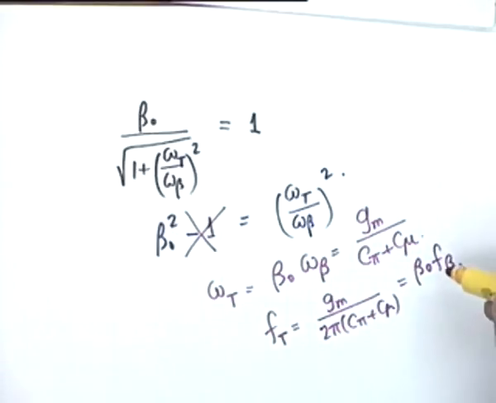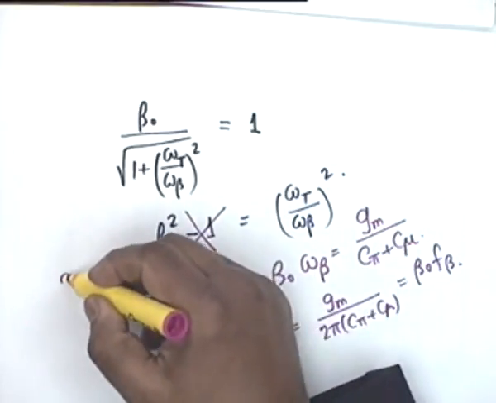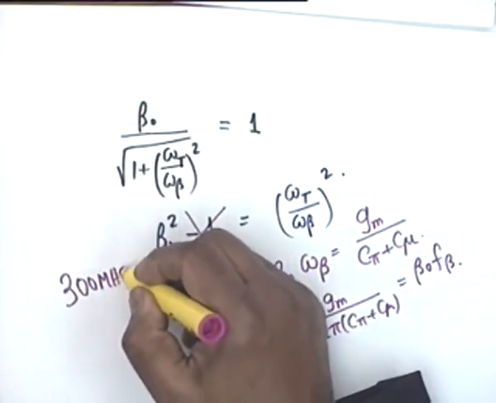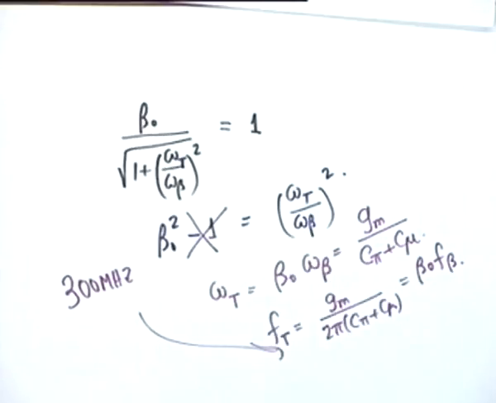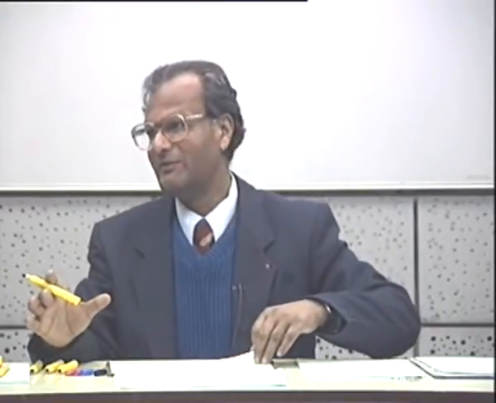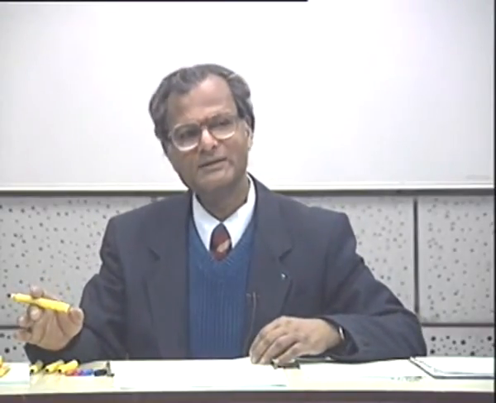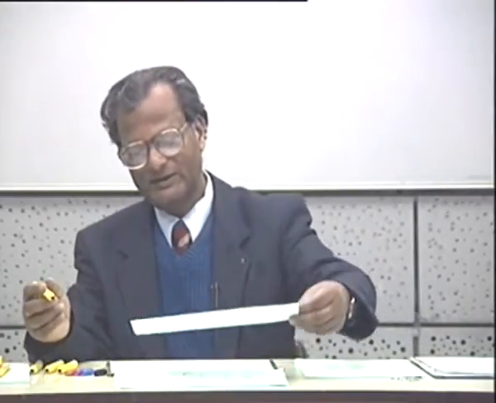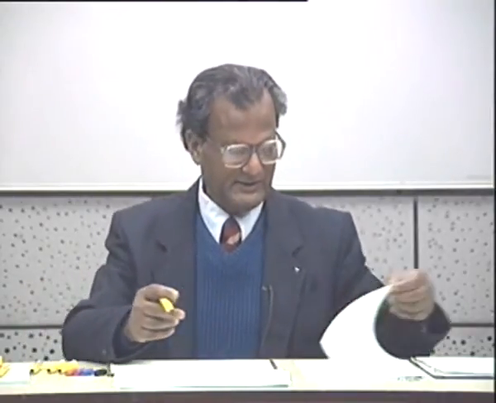Typical value of ft is 300 megahertz, and if beta is equal to 100, then f beta is typically how much? If ft is 300 megahertz and beta is 100, it is 3 megahertz. These are typical values. F beta is typically 3 megahertz, ft is typically 300 megahertz.